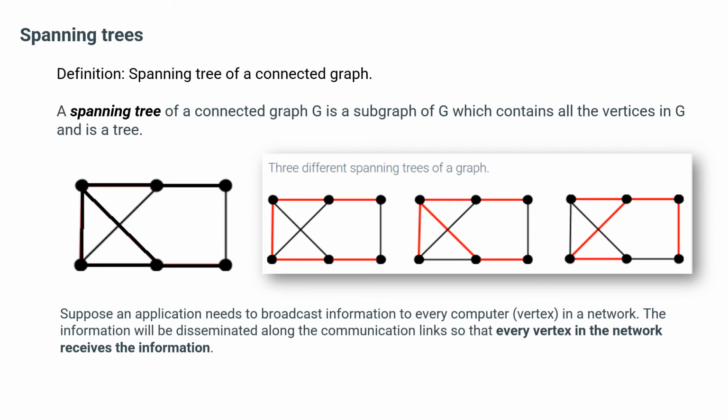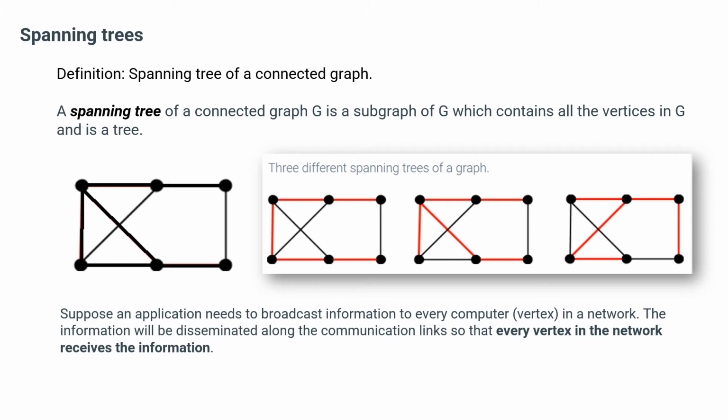So what we would need to do is maybe draw a map of what this network would look like, with all of the different links and all of the different computers listed. And then we would need to find a way to make sure that we have a subgraph where we include every vertex.